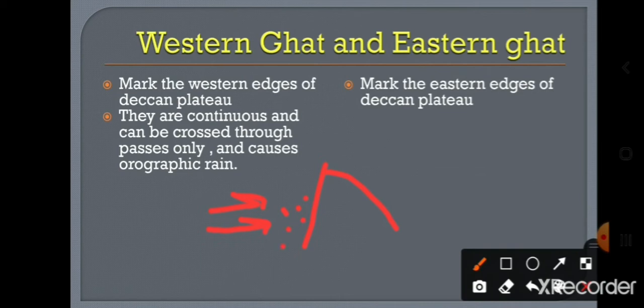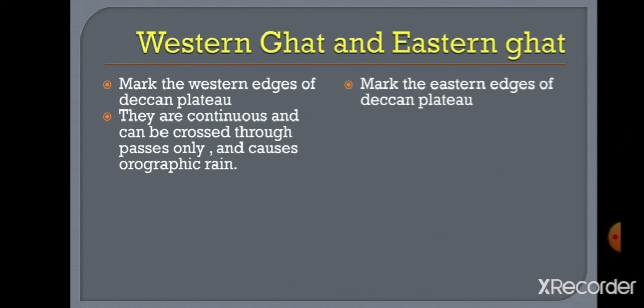But when these winds get uplifted by the mountain to a certain height, the temperature of the wind reduces and it condenses, so the rainfall does not occur on the other side of the hill. That is known as orographic rain.